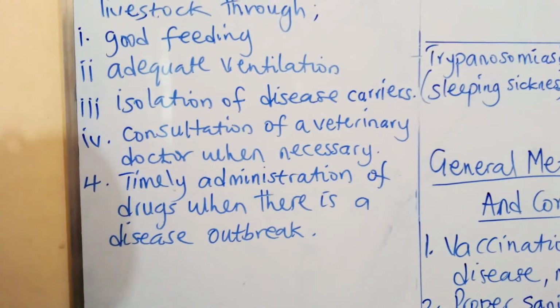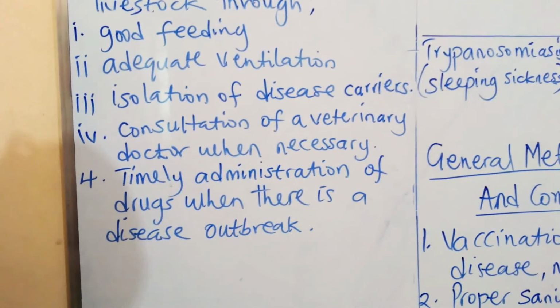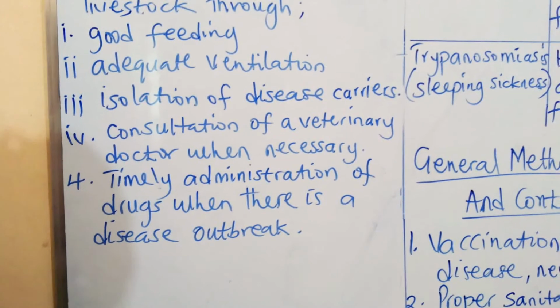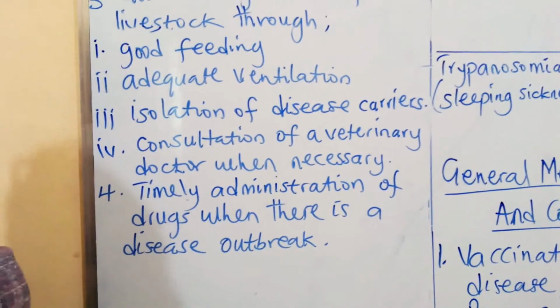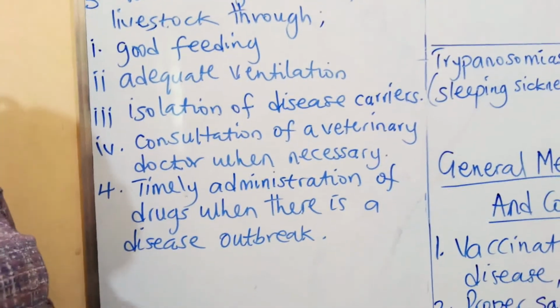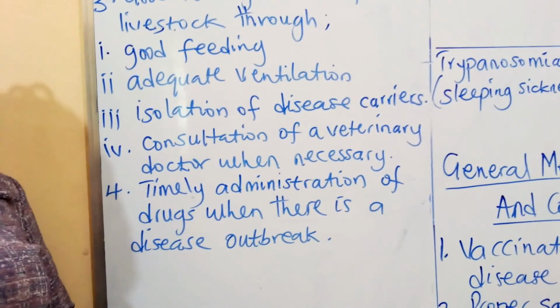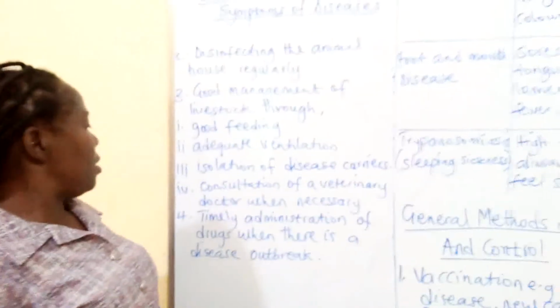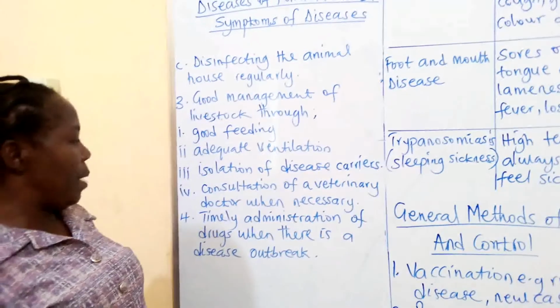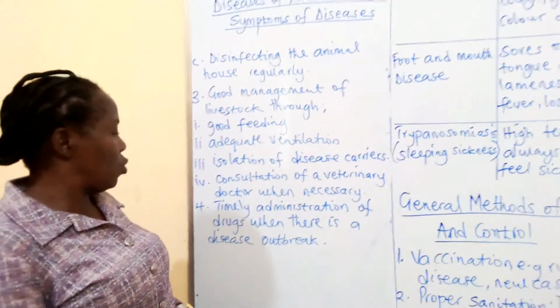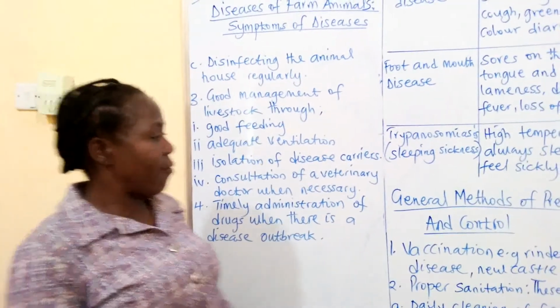Please administer some drugs to your own. That may be in the form of vaccination as well, so as to prevent your own animals from being infected. Alright, these are the few ways we can control and prevent diseases of farm animals.